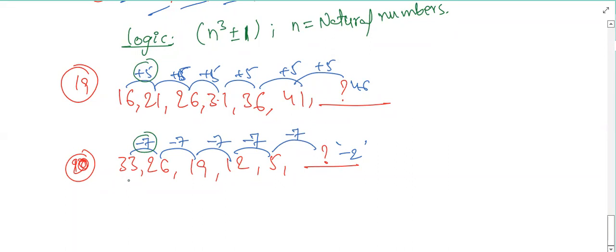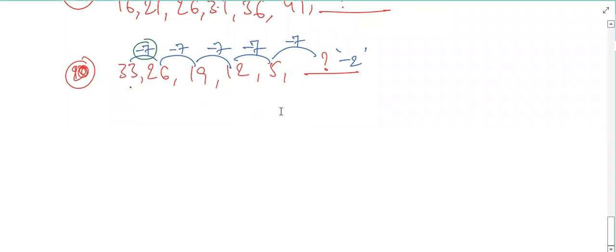But the same difference number, sometimes we may continuously add, sometimes continuously decrease, or sometimes do both in the same question. Suppose see this, question number 21.